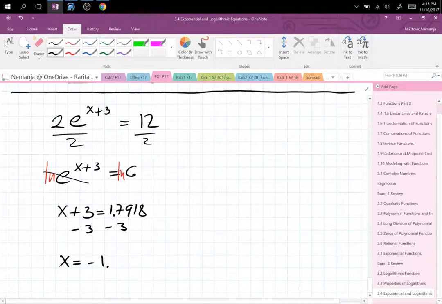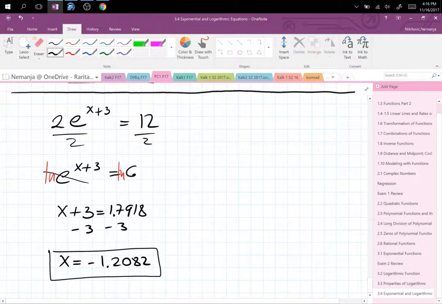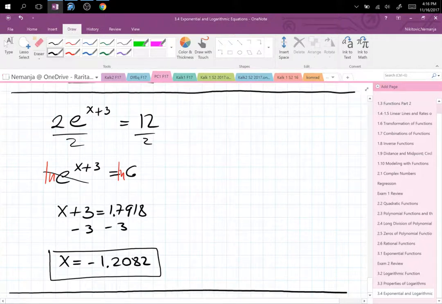Negative 1.2082. So you ln both sides and follow up.